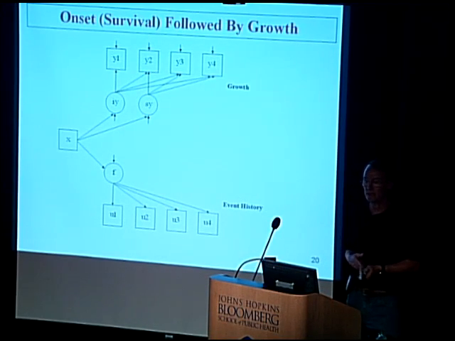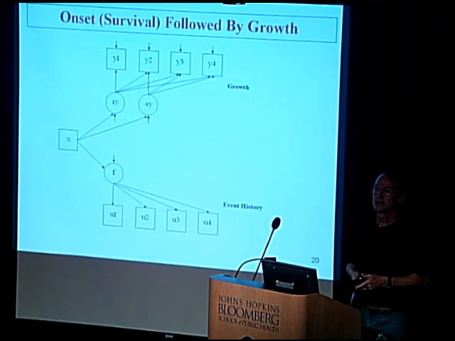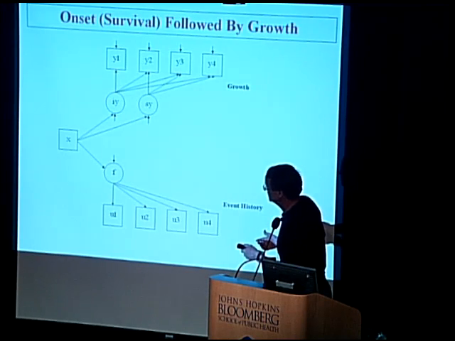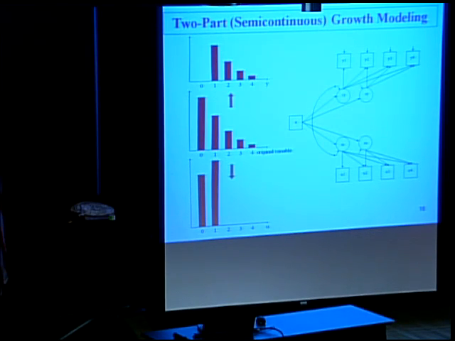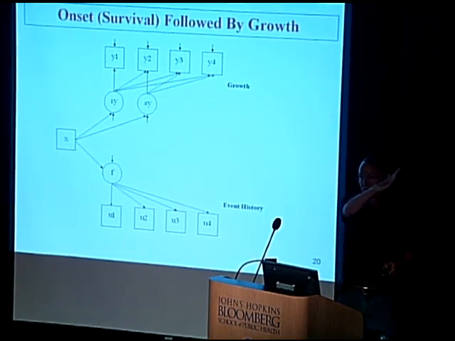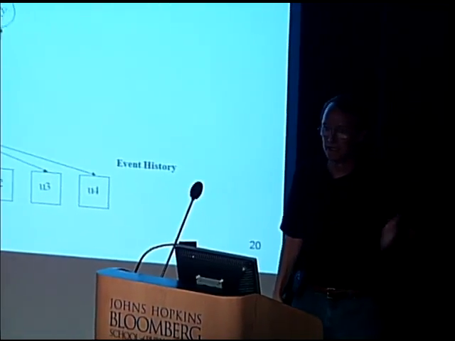So like heavy drinking, for instance, in grade 8 or something like that. At a certain point you're going to have a lot of people at 0. But then suddenly you come to a grade or an age where they start experimenting with that, and you have a growth model for the amount or for the frequency that they engage in that activity.